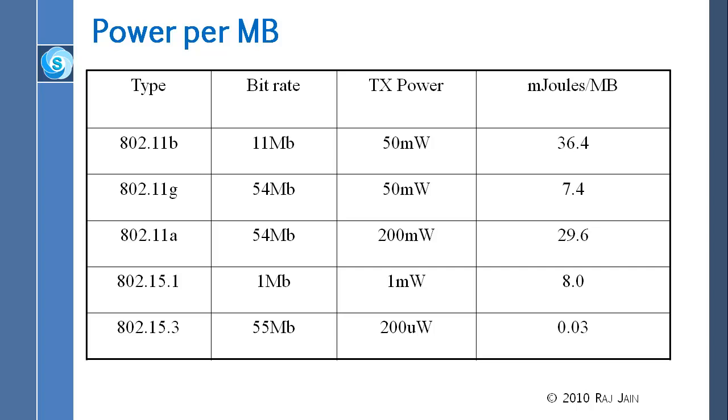Alright, having done that, now let's see. 802.11b has 36.4, 11g has 7.4, 11a has 29.6, and this is Bluetooth, is 8. And this is, we haven't talked about it, Zigbee is 0.03. So basically, as we are going in time, notice the time. This is the oldest standard, this is the next one. These two are both oldest actually at the same time, A and B. Right?